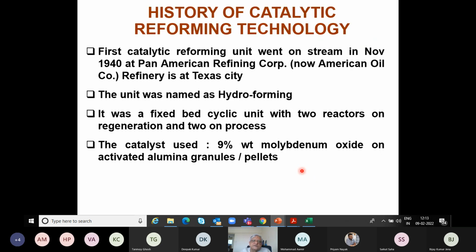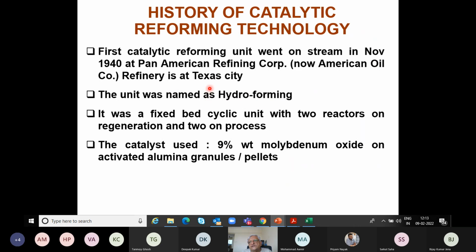Now, going to the history of catalytic reforming, it's actually a very interesting history. One of the earlier predecessors of the modern day catalytic reforming technology was called hydroforming. And don't get me wrong, this was very, very popular.